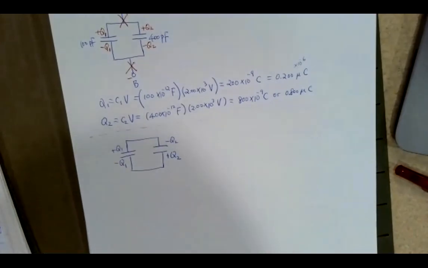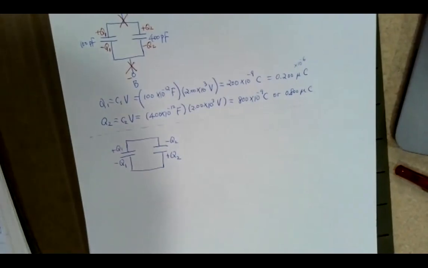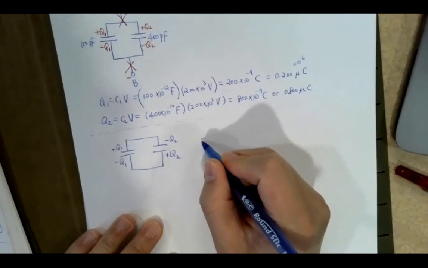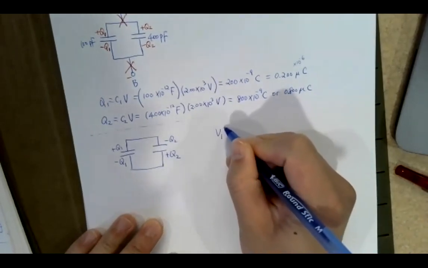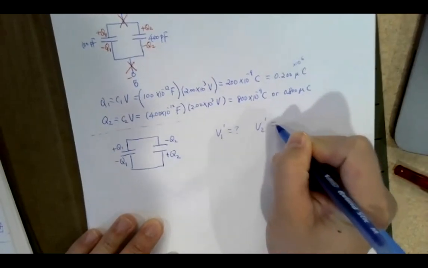So the problem asks you to find the resulting potential across each capacitor. So that means V1, let's say prime, okay, and then V2 prime.